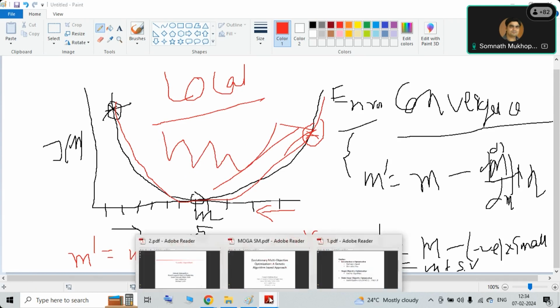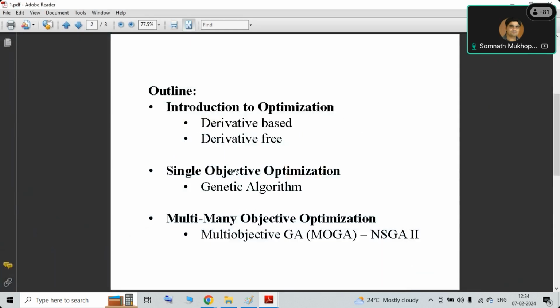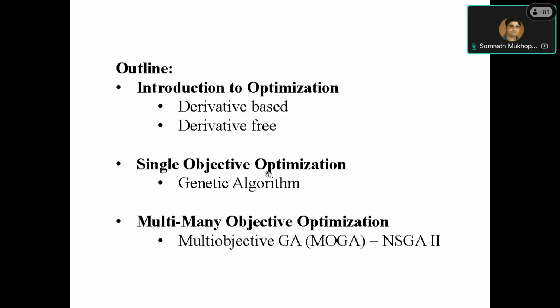It also has one more limitation: it cannot solve a function which is discontinuous. To solve such problems, we need to go for some derivative free algorithm.